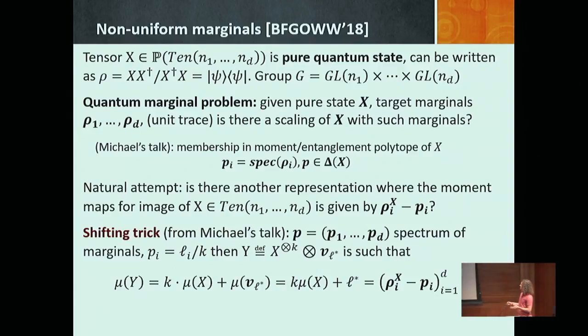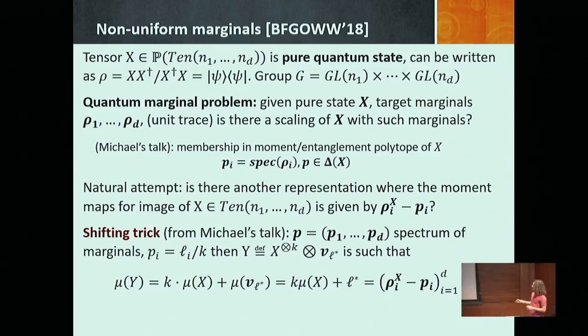I take the kth tensor power of x, and I use this highest weight vector with respect to the dual of L. Then when I look at the moment map on the tensor y in this larger space, there is this shifting trick that you can look at in the paper, which converts the moment map of the tensor y to exactly k times the moment map of x plus the moment map of the highest weight vector of L dual. But it turns out that the moment map of this highest weight vector is exactly L dual, which is just minus L_i.